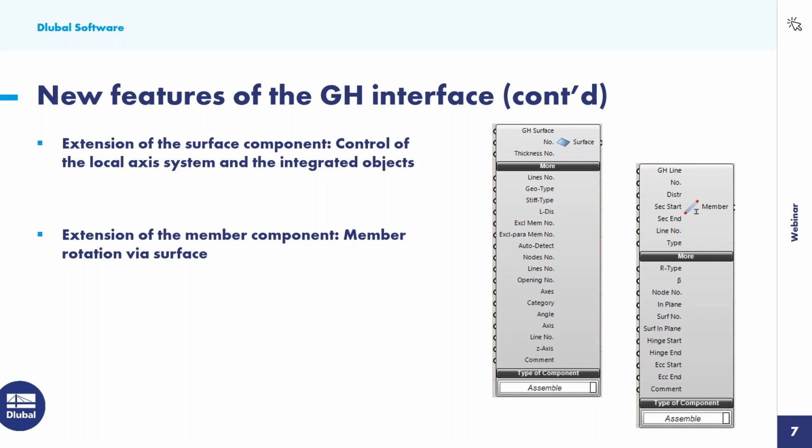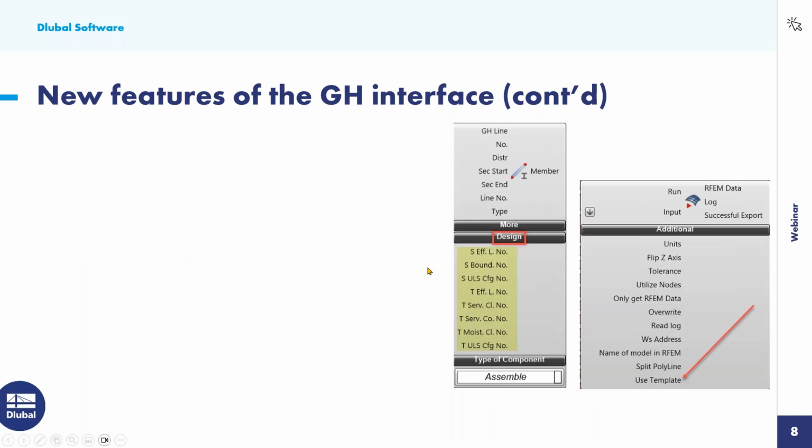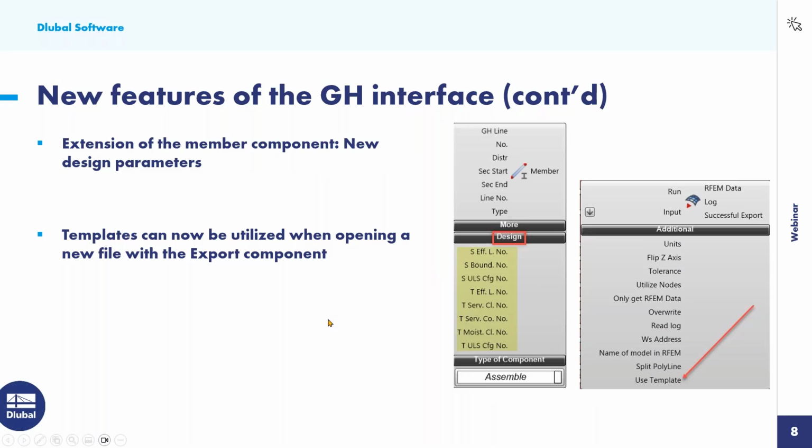And we also extended the member component, adding the input allowing you to adjust the member rotation via surfaces. And then the last two changes, we extended the member component even further by adding a new section for design parameters. So I will show this in more detail in the first section. And we added the ability to use RFEM 6 template files via the export component.